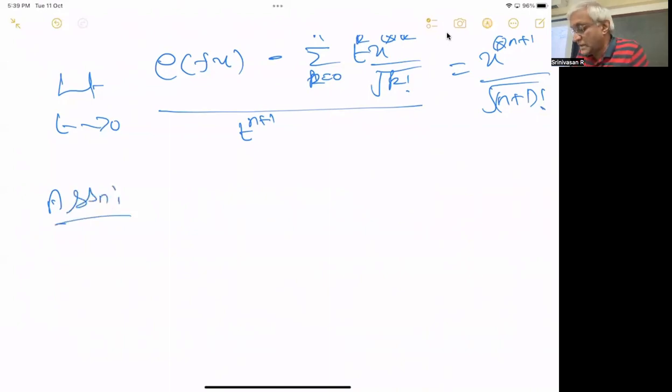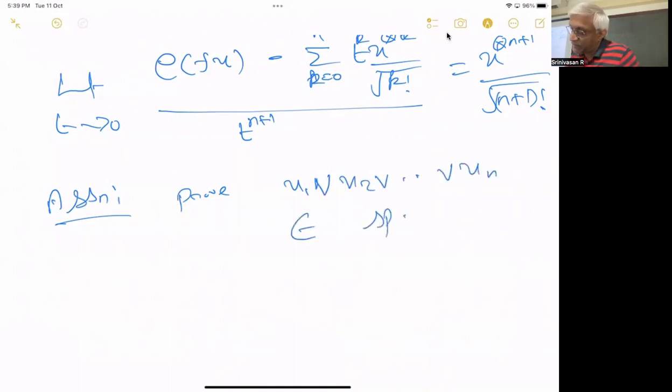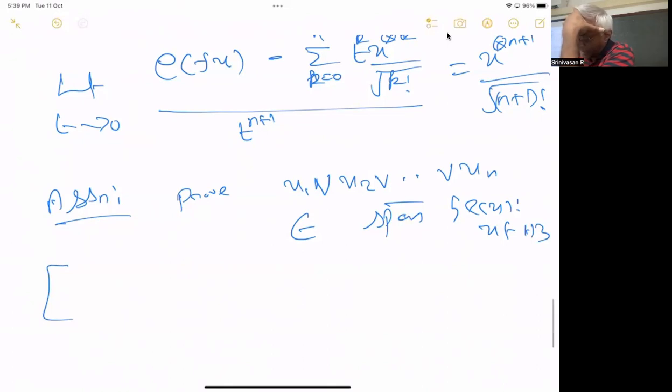So prove that U1 symmetric tensor U2 up to UN is in the span closure of E of U, U in H. So how do you do that? Let me tell you how to do that. One way is there is a formula like this, which you can try and prove using induction. U1 up to un.